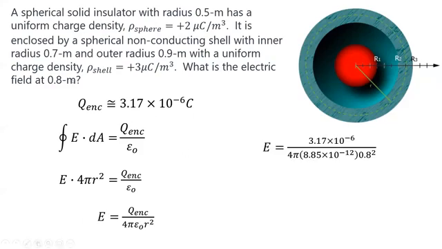R, they're telling us what R is. It's 0.8. So plug that in, plug in the permittivity of free space, and we can figure out what the E field is at that location. And I got 44,529 newtons per coulomb. Okay, so that would be how you do this.